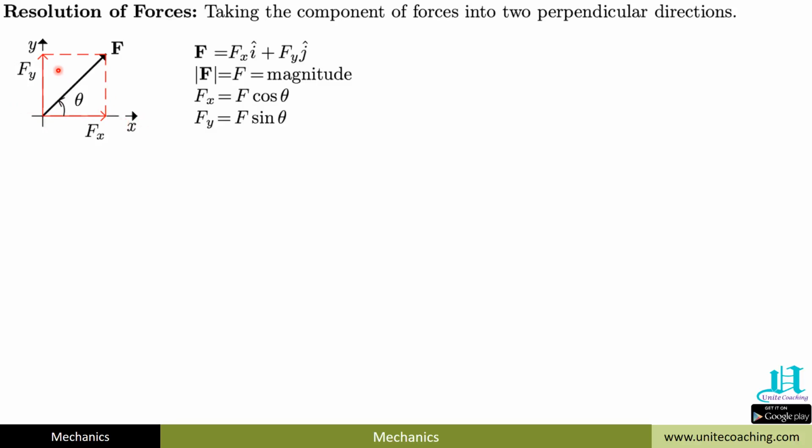So we know the directions of the components already, and we only need to represent the magnitude, the x component magnitude and the y component magnitude. So the x component magnitude in this case will be fx equal to f cos theta, and fy will be equal to f sin theta.